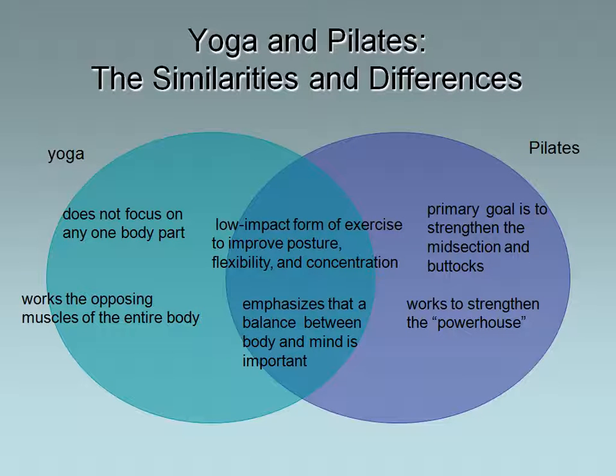This slide illustrates how the similarities and differences between yoga and Pilates would appear if placed in a Venn diagram. The similarities are listed in the center part of the diagram where the circles overlap. The differences are listed in the part of the circles that do not overlap.